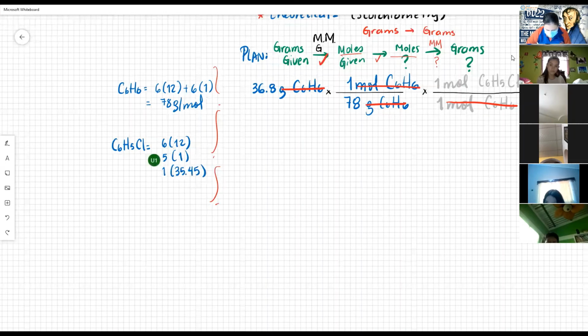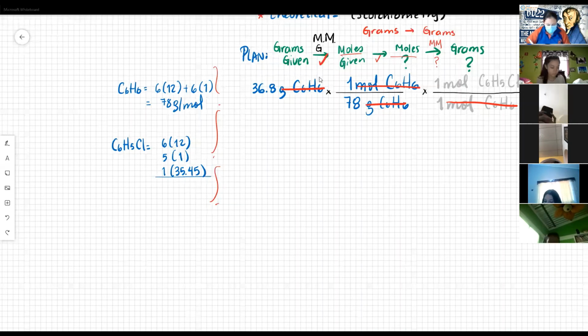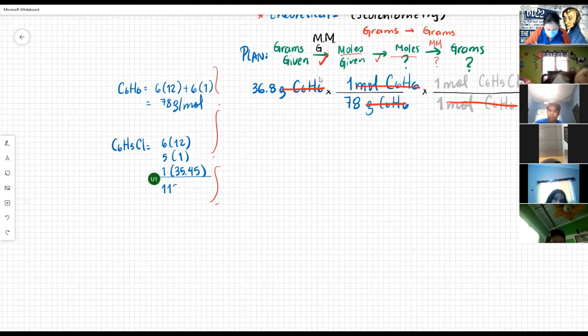How much do you get here? 112.56. 112 point 45 grams, 56 with decimals, if you put the decimals.